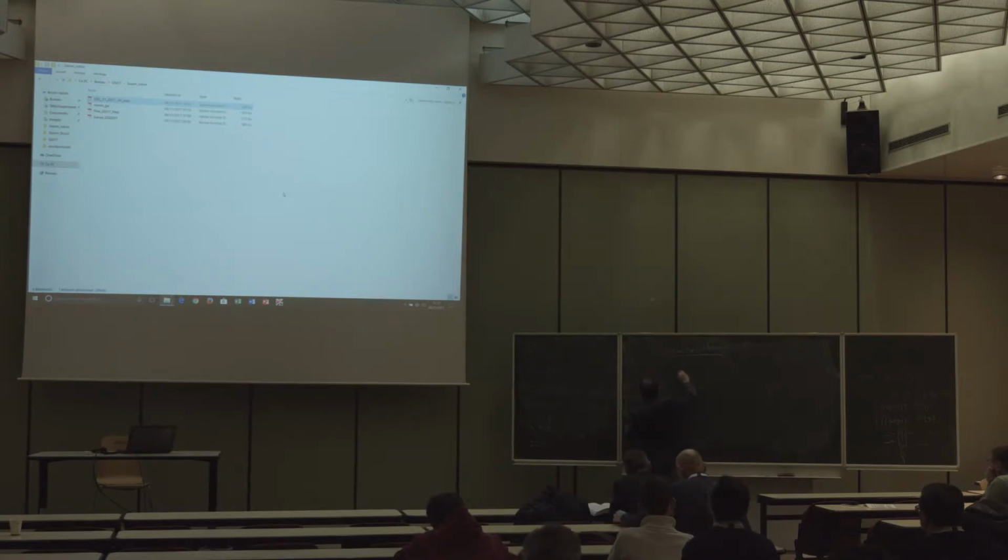If phi t of X is the flow of this equation, meaning that X is the initial condition and this is the solution of this ODE at time t, then the geodesic distance between phi t of x0 and phi t of x1 is less than this.